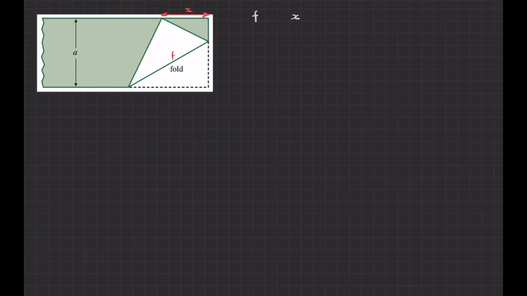Okay, so let us put some information on the picture. First of all, I want you to see that this length and that length are the same, because that is exactly this missing part of this paper.